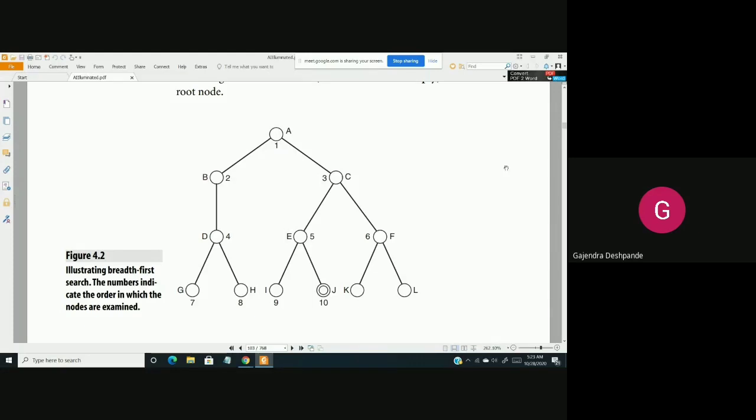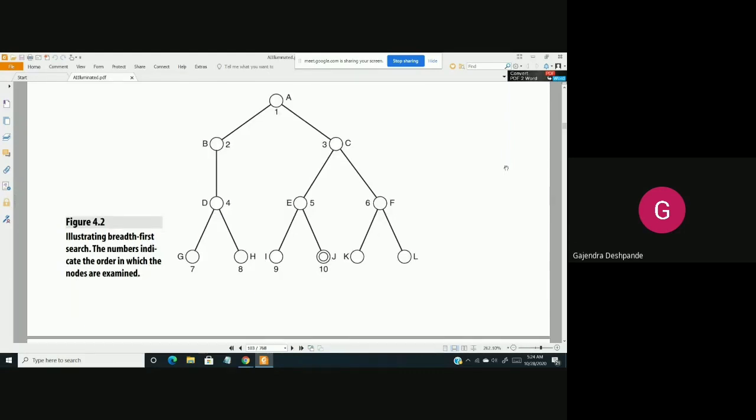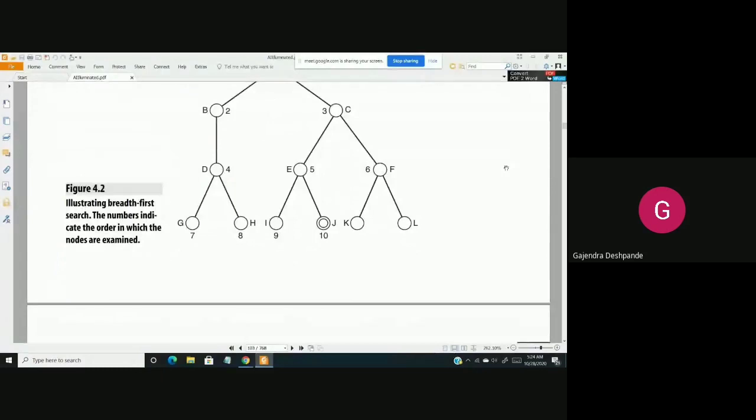So again it's a time consuming process. Then what we have to do is apply some techniques which will optimize both the DFS as well as the BFS. Or you may have to come up with a new technique.